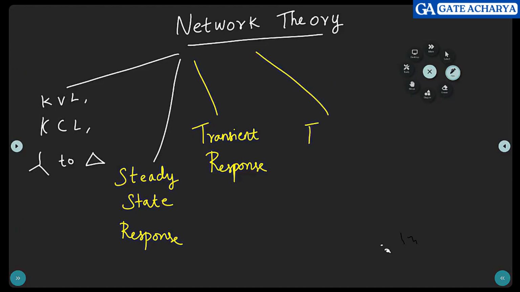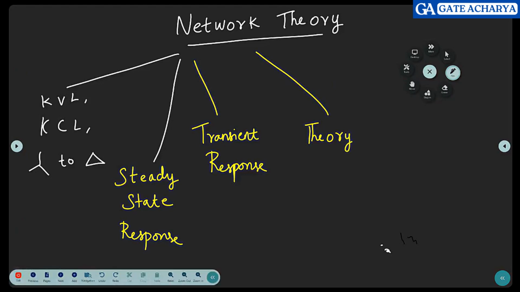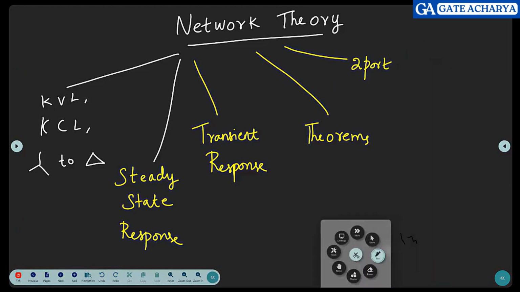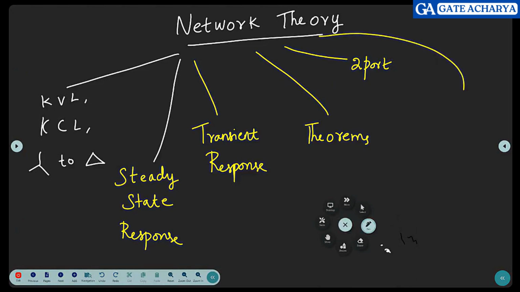You might need some theorems, Thevenin, substitution, two-port. Last thing, there is this resonance. Usually for a second order system, there is a possibility of a resonance. So this is what is usually asked. I don't think anything that you discuss will go out of these topics.